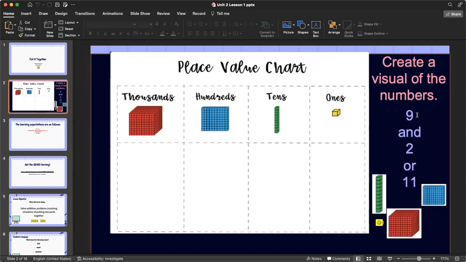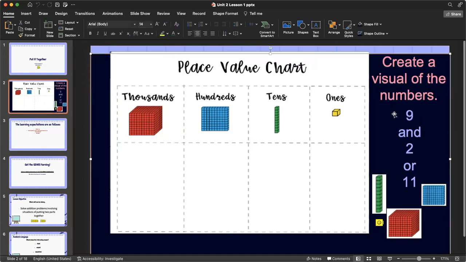So the first numeral that we need to look at today is 9. How would you create 9 using the place value chart? And you can pause this and think through it and talk with your child about that.